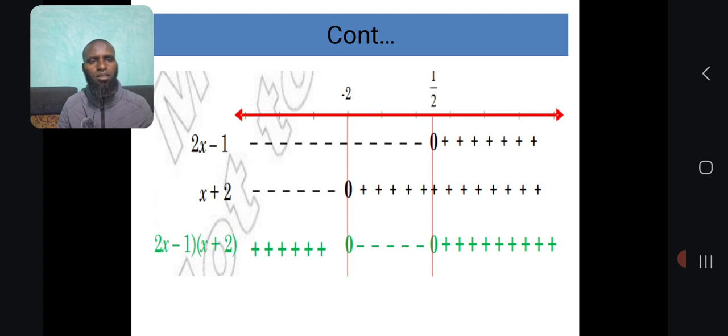Therefore, the total solution will be the union of x less than −2, or we can say (−∞, −2], union [1/2, +∞).